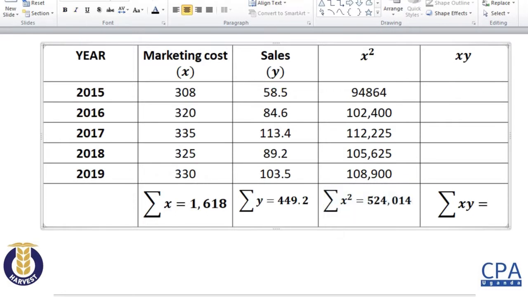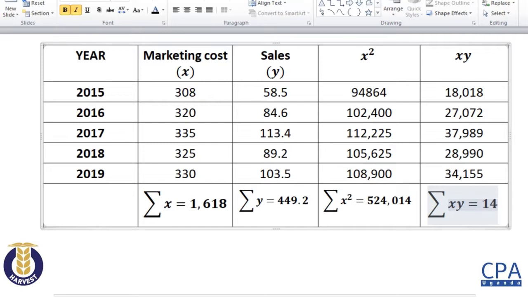Let's go to xy. You multiply this and this, eh? 0.72. Good. The next one. Good. Go to the next one. Good. So let's total up.